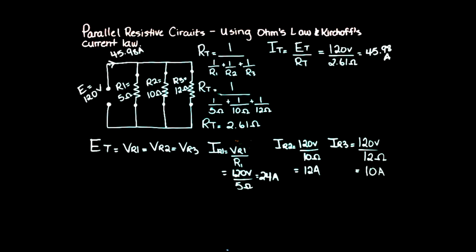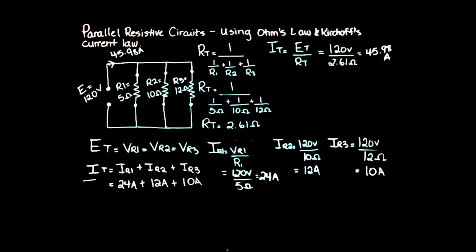So Kirchhoff's current law states that I total equals IR1 plus IR2 plus IR3. So if you take the individual branches, so current through the first branch was 24 amps, plus the current through the second branch as solved using our Ohm's law formula, plus the current in the third branch, you would find that Kirchhoff's law is true.